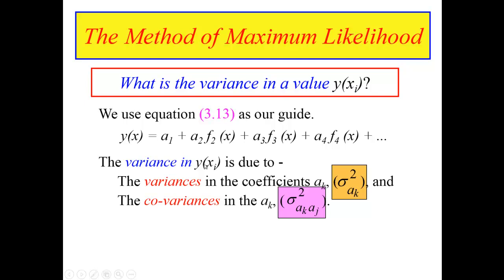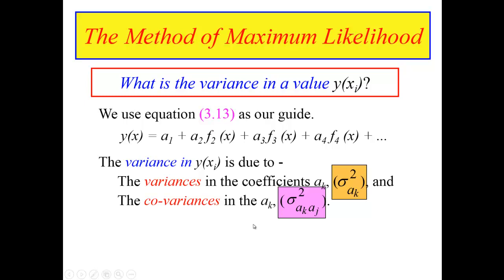Now, in general, this variance is going to contain expressions involving the variances in the individual coefficients, and in general, it could include the covariances in those a sub k values. So you'll have coordinated variances, the way that the a values for the jth term affect the a values for the kth term.